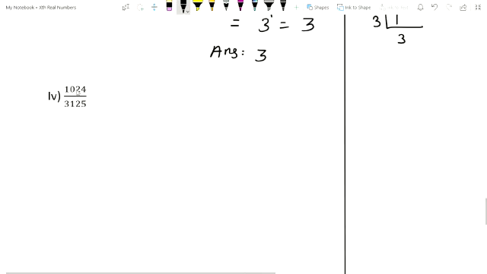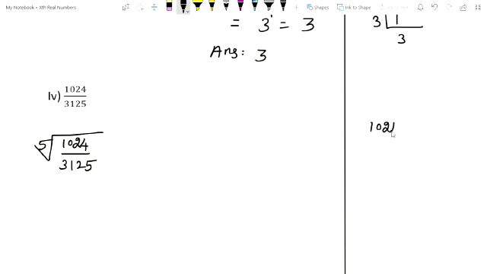1024 divided by 3125. Here also we need to find the fifth root. Fifth root of 1024 divided by 3125. First take the number 1024.